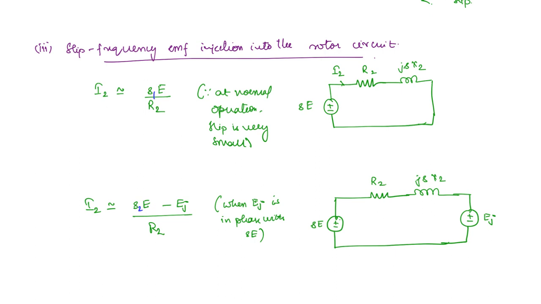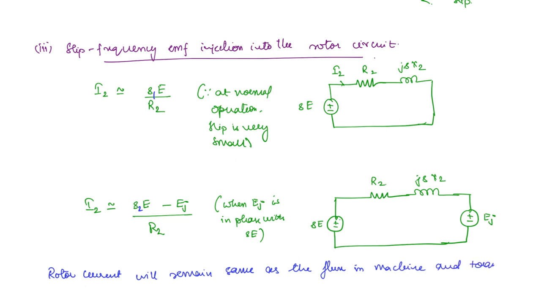Rotor current, you can write this down. The rotor current will remain the same as the flux in the machine and torque are the same. That means they are not changing.